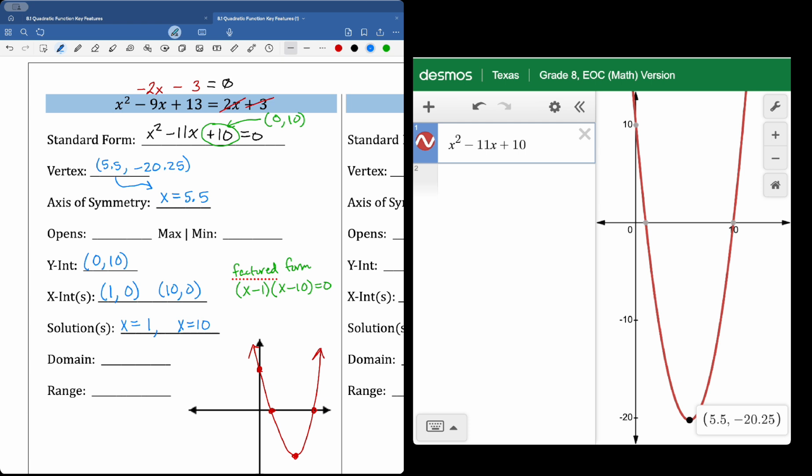When you look at this graph, it is opening up. And because it's opening up, that means I'm going to have a range of y is greater than or equal to. Since it's opening up, this is called a minimum. And the minimum is y equals negative 20.25.